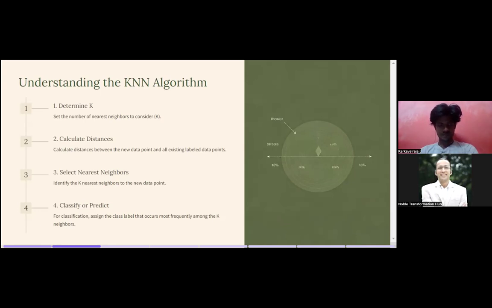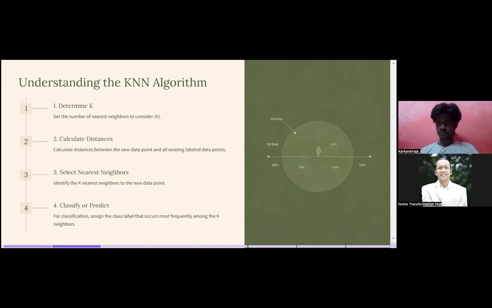So now you can relate why this is a supervised learning algorithm, because we are using labeled data points here. Everything suggests something.